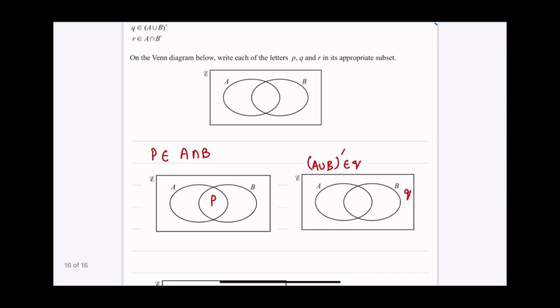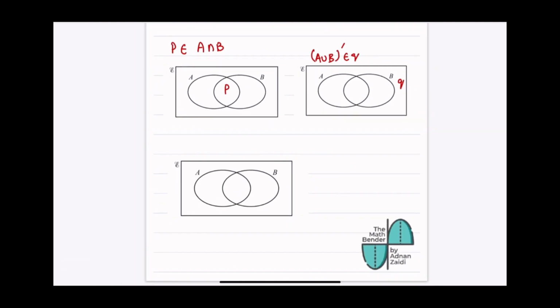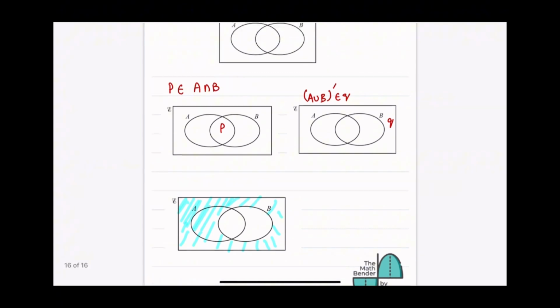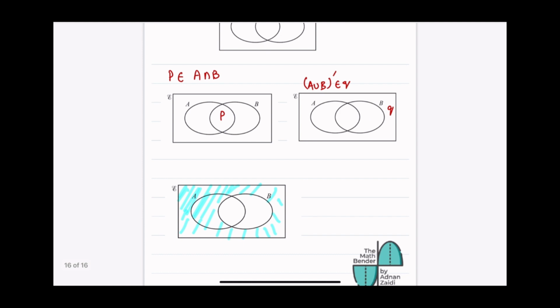And the last one is B complement intersection with A. So first step, what is B complement? So if I shade that, except B, all of the region is B complement, except B. And intersection with A, so shade A as well.